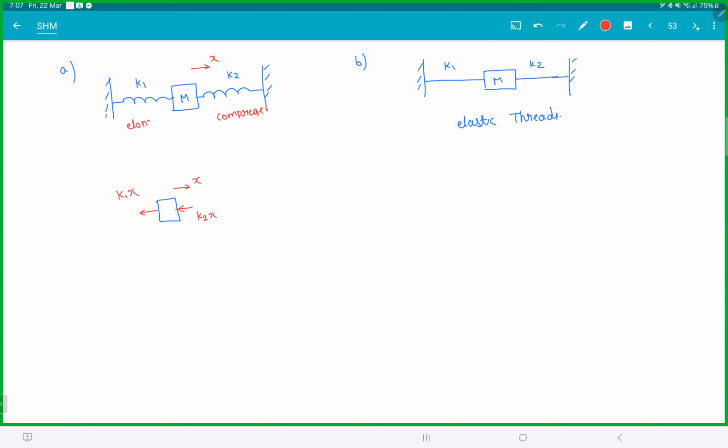This gets elongated, pulls you back. So the restoring force will be (K1 plus K2)X equals Ma. Actually, both are in parallel. The time period will be 2 pi root over M by (K1 plus K2).